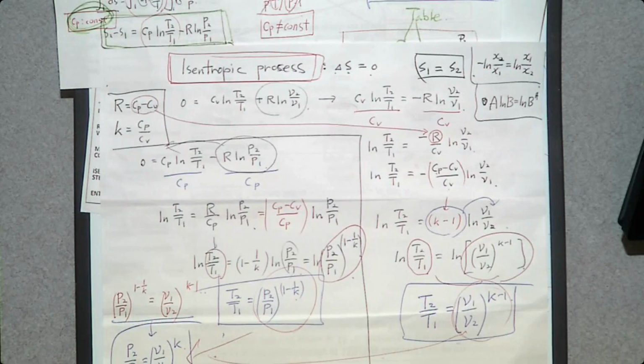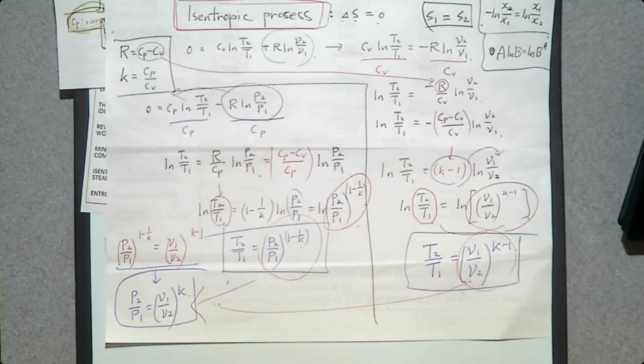So these three are the equations that we can use for an isentropic process. So many equations today, right? So what you need to do, write them down on your formula sheet and explain when to use these equations.